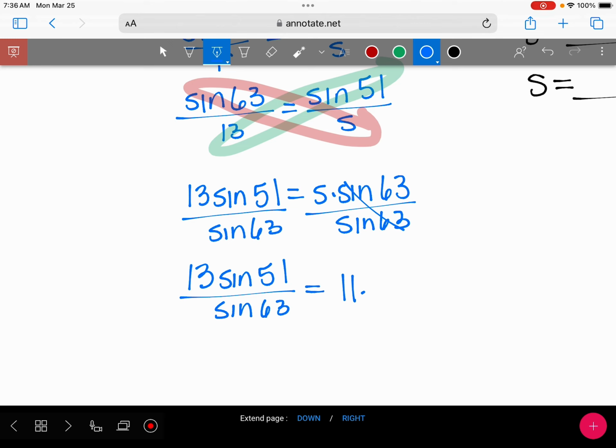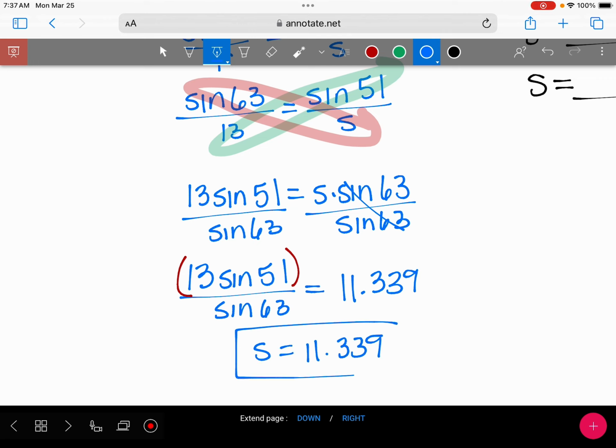If you're not using a calculator that has fractions, you may want to put parentheses around the top and then divide it by sine of 63. So 11.339. So little s equals 11.339.